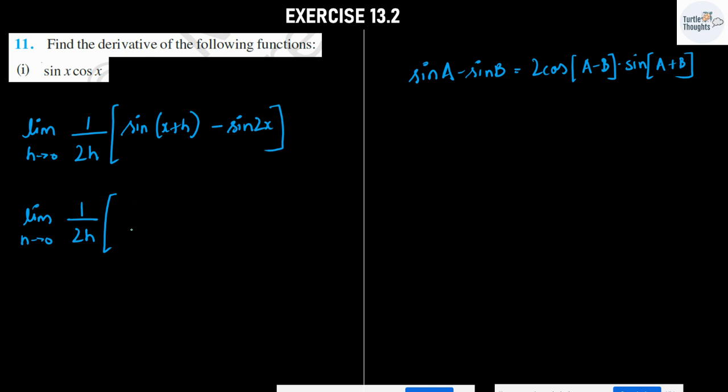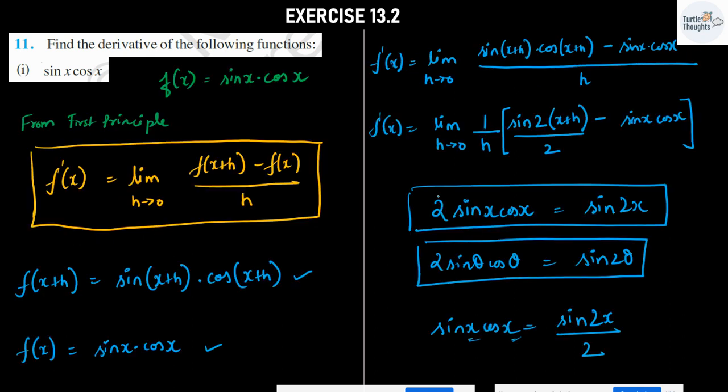Substituting the same, I will be getting the value here 2 cos A plus B. A is going to be x plus h, it is going to be 2x over here. Minus of minus is going to be plus. So what can I write over here?